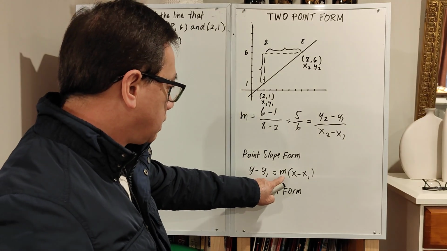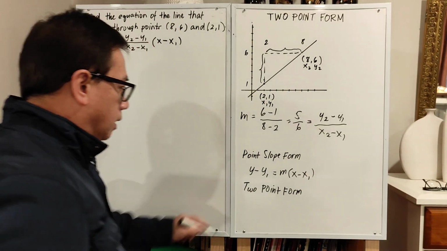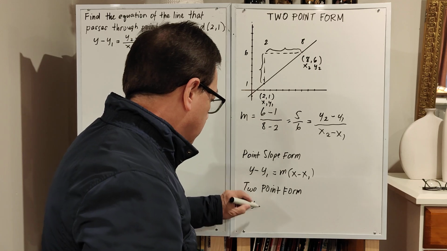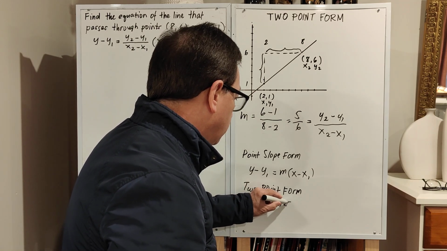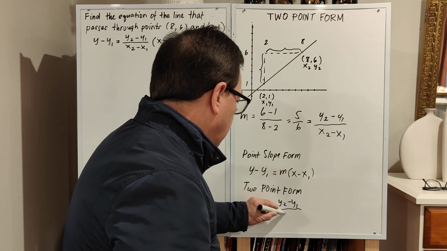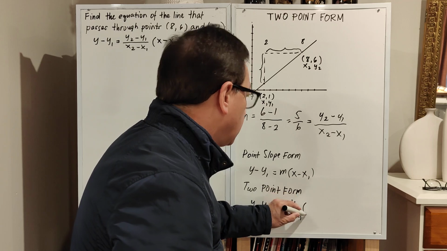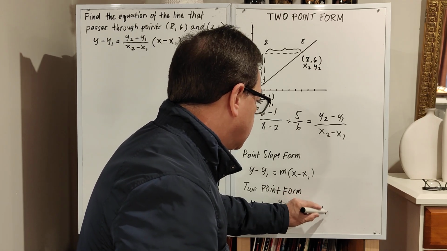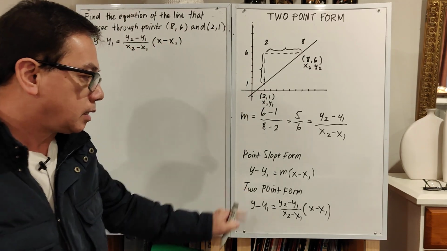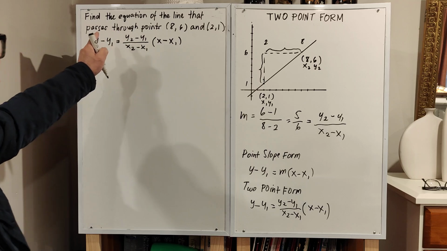We can now replace this slope with the formula that we just made. So the 2-point form now becomes y minus y1 equals y2 minus y1 over x2 minus x1, times x minus x1.